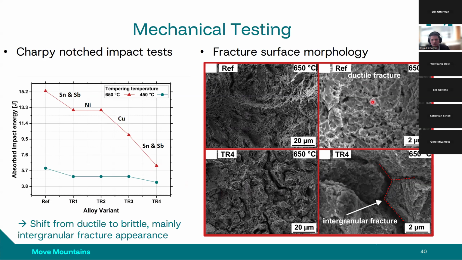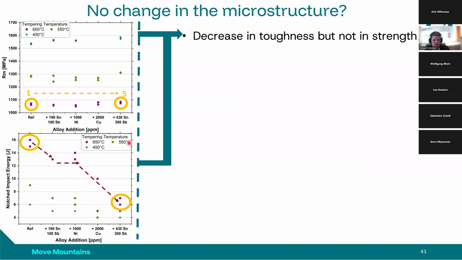That means from ductile to a higher share of brittle fracture, and also intergranular fracture was observed, as can be concluded from here. So in the end, it seems that something is changing which we cannot see by using standard microstructure characterization. Again, to summarize, strength is the same, but there is a loss in toughness.